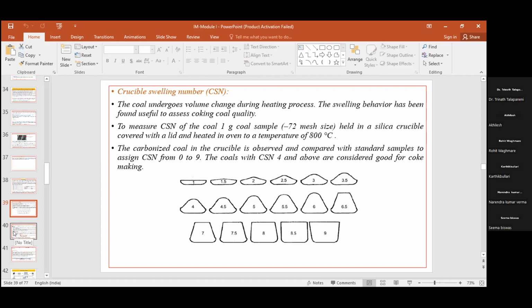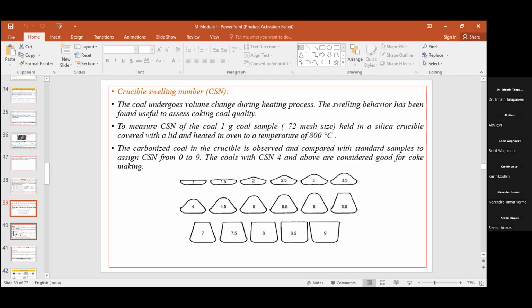Similarly, the crushing tendency of the coals, whether the coal is hard or soft, because especially if you see the non-recovery coke oven process, around 90%, minimum 85 to 90% of coal, whatever we are subjecting for the charging process, will be of minus 3 mm size.